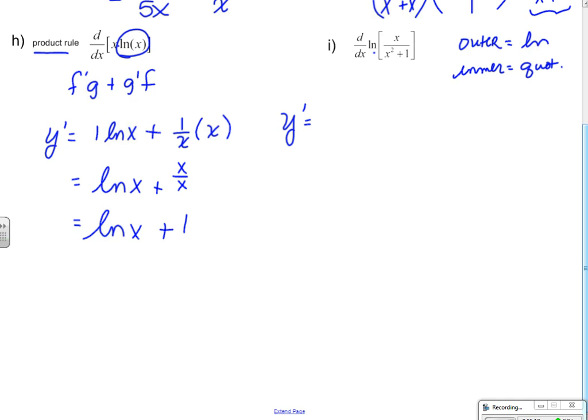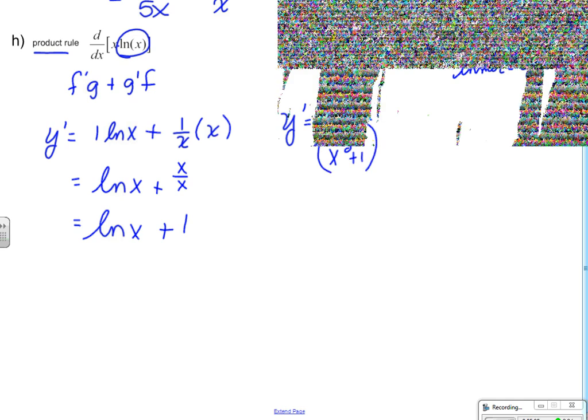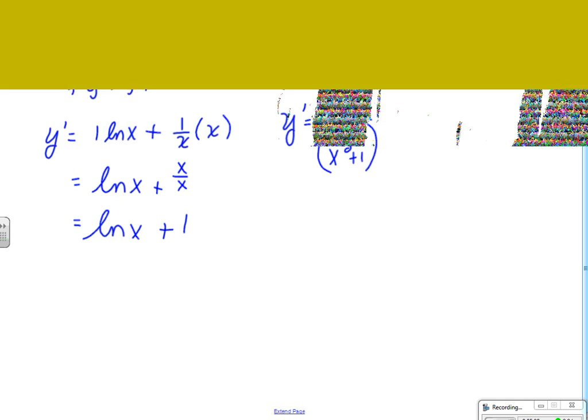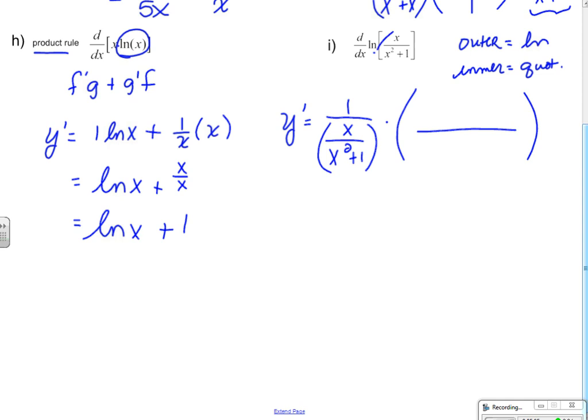That is a 1 over, oh, you know what? Just thought of something. An easier approach: look at what this is going to become. And then I'm going to multiply it by the quotient rule to do the derivative of the inside, and you know what that's going to look like. This is going to get very lengthy, isn't it? And then I'm going to have f prime g minus g prime f.